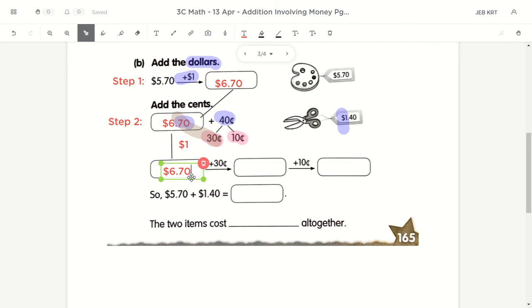Alright, so first I add 30 cents. So $6.70 plus 30 cents. 70 plus 30 give you that $1, so it makes up to $7. And then after that, very easy, $7 plus 10 cents equals $7.10. Okay, so the answer is $7.10.